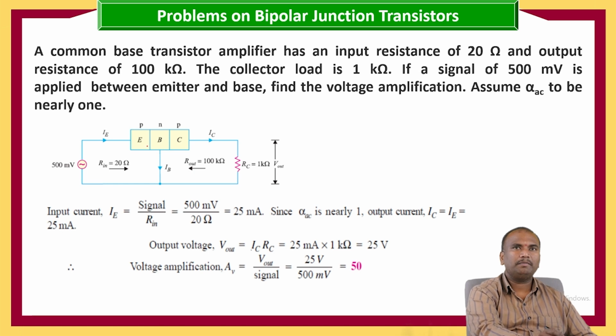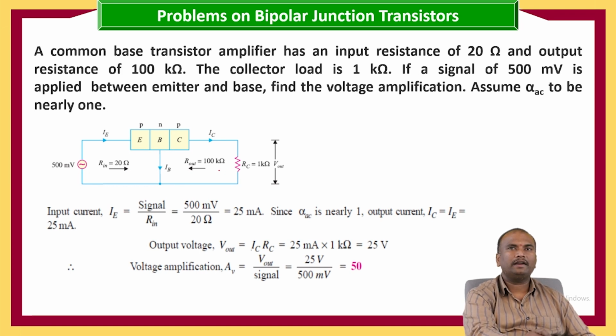Here is the emitter, base, collector transistor, and here is the input which we are giving, 500 millivolts, and R input is 20 ohms, R output is 100 kilo ohms, and RC is equal to 1 kilo ohm.